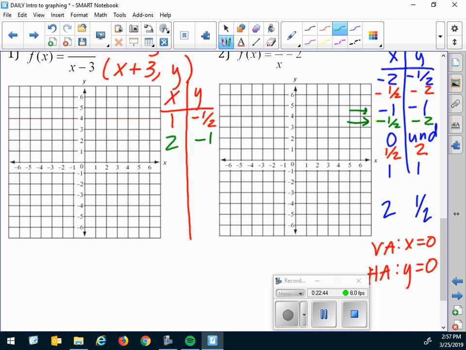Negative a half plus 3 is 2.5. I don't care if you put 2.5. What's the y value? Negative 2. Y value didn't change. Now we're on this one. What's the x value? X value is 3. What's the y value? Undefined.